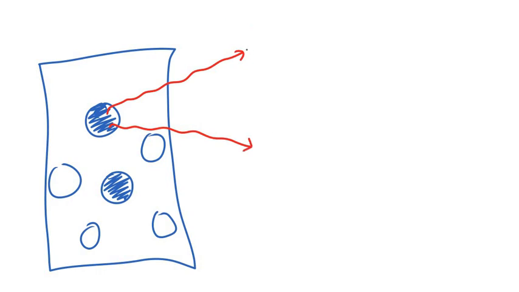Now if this gamma is detected in say detector 1 and the other gamma ray is detected in detector 2, this is what is happening. This is the true coincidence that we are going to talk about.